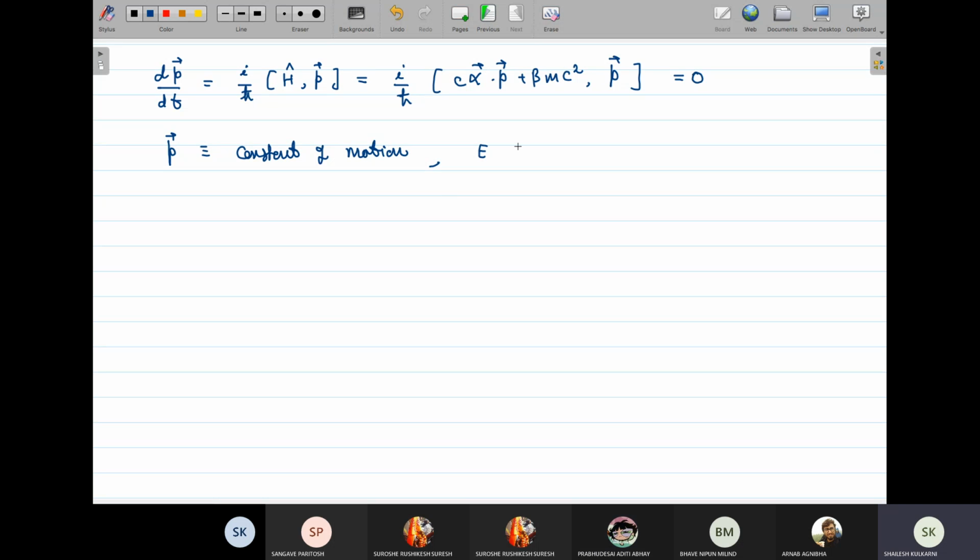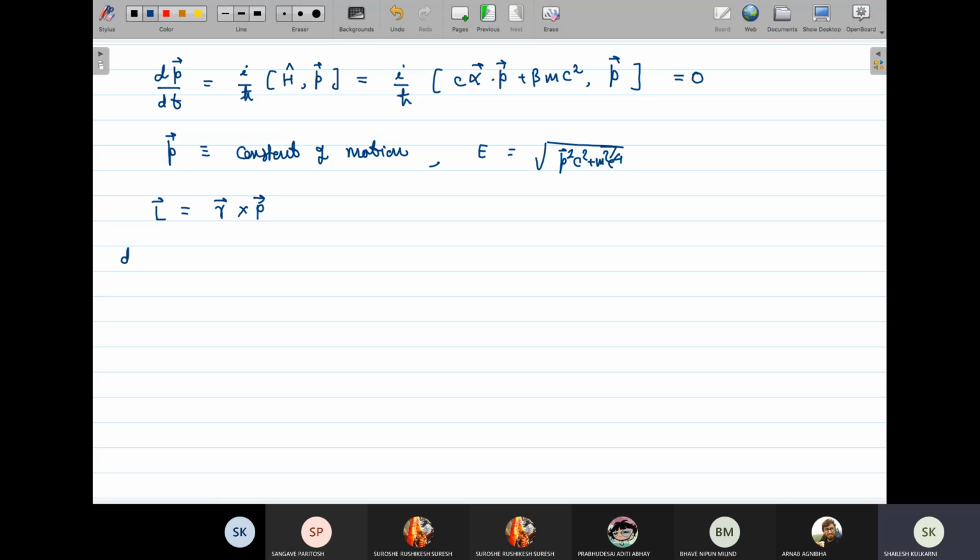E we are assuming, so E is the square root of P square c square plus m square c to the power 4. Apart from this, if angular momentum is a constant of motion, then E will be a constant of motion. Let us see about the angular momentum. Let us define the angular momentum in the usual way. It is R cross P. And let us see what happens.